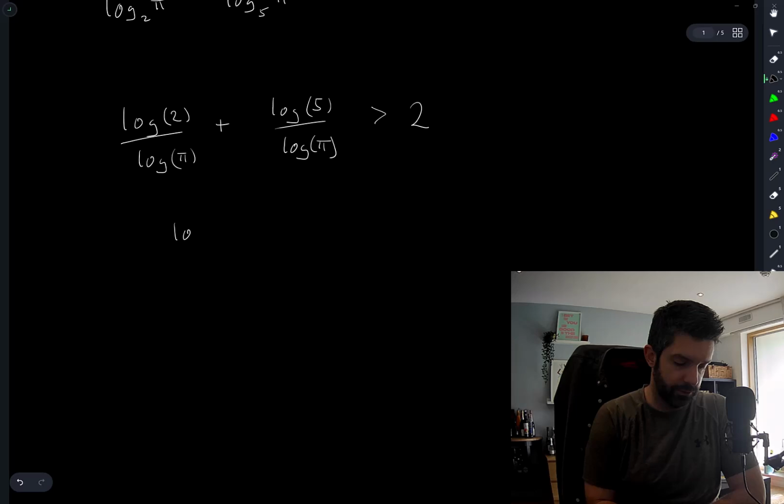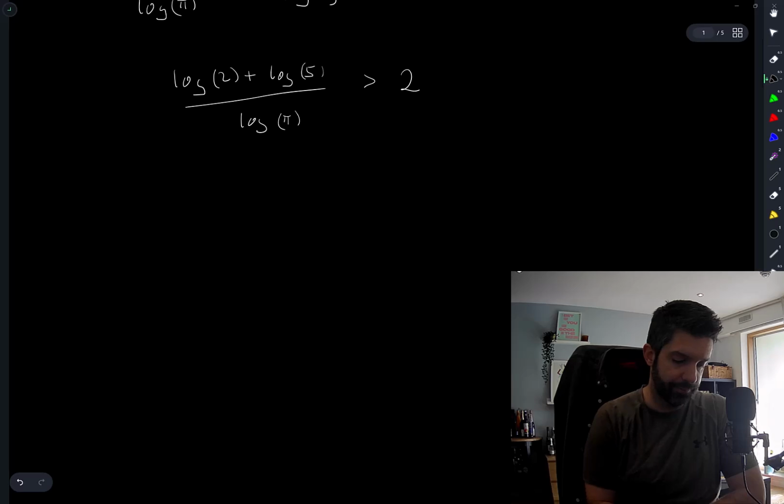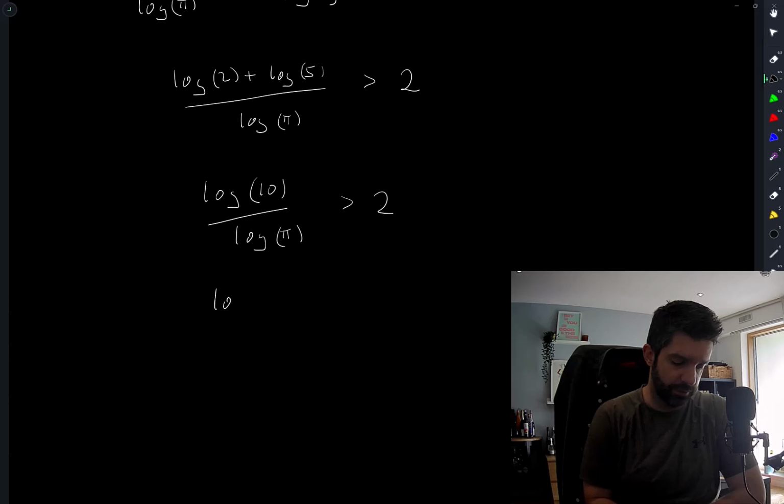This is log of 2 plus log of 5 divided by log of pi. Again, these things are equivalent. Log of 10 divided by log of pi. And that's again equivalent. And then I've got log of 10 greater than... Okay, well now I see where things are going.